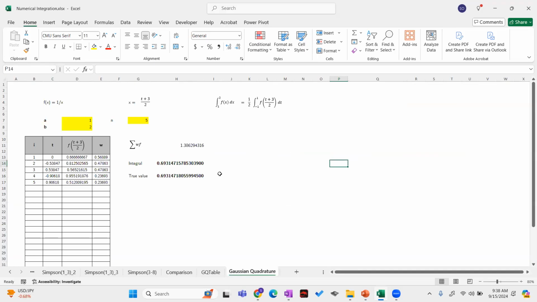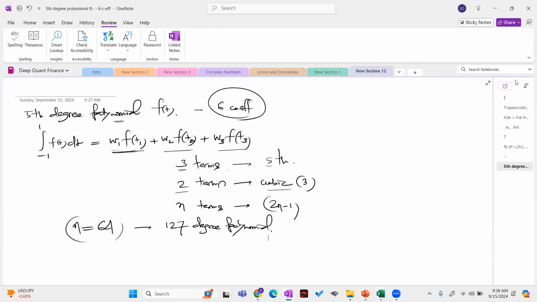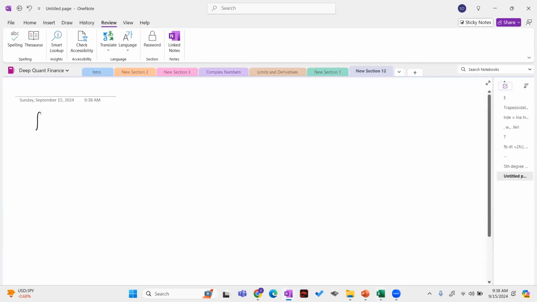Now let's use Gaussian quadrature. First and foremost, we need to do the transformation. So let's do that. Our ask is the integral from 1 to 2 of 1 by x dx. This is our question. Remember, we need to substitute x equal to (b minus a) by 2 times t plus (b plus a) by 2.